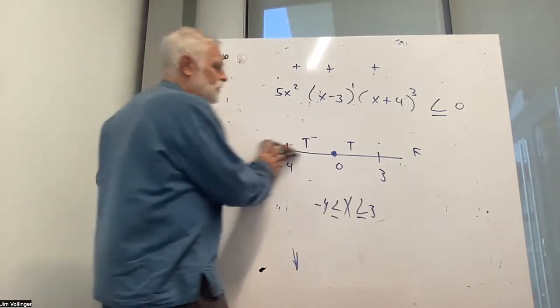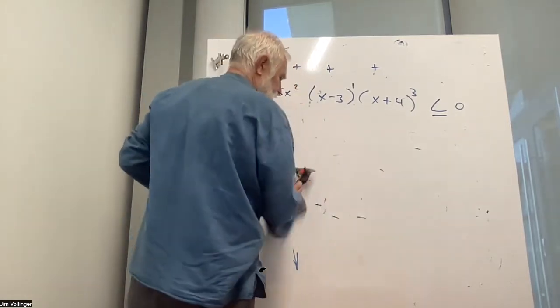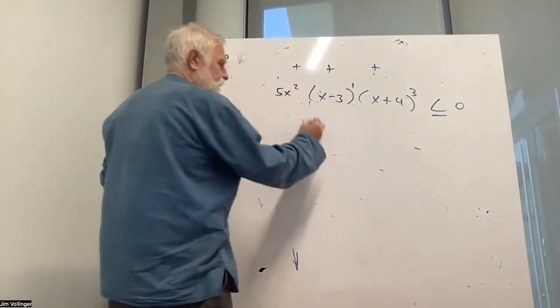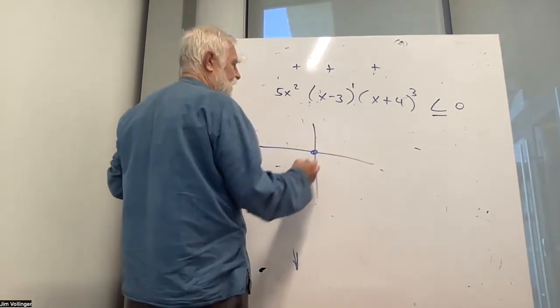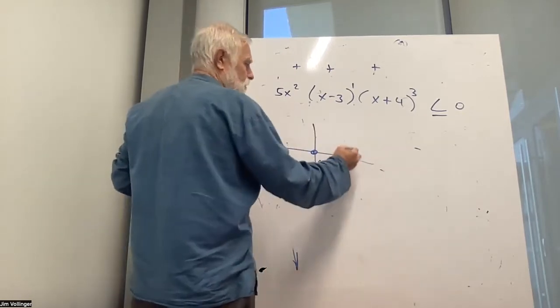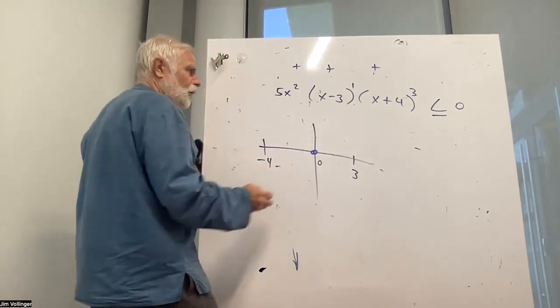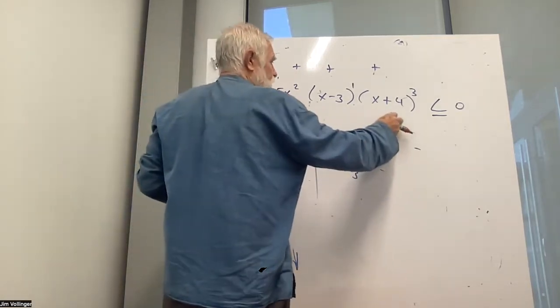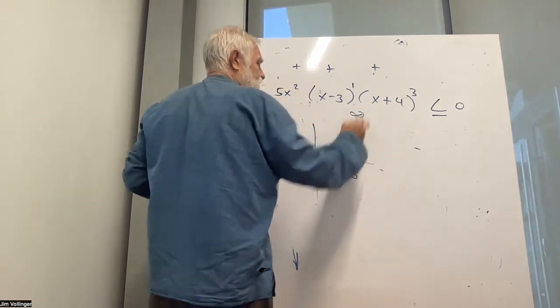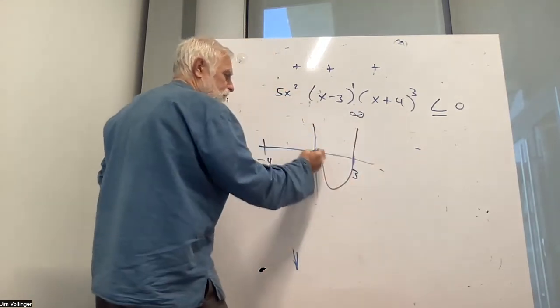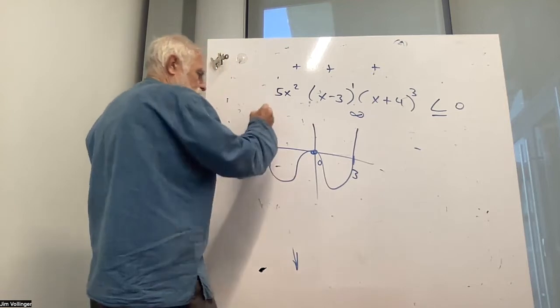Now, what would the graph have looked like? I would have done the same thing there. I would have said, okay, dot at 0, sign change at 3, sign change at -4. We know when we put bigger numbers than 3 in, we're going to positive infinity. So it would have looked like this. Right?